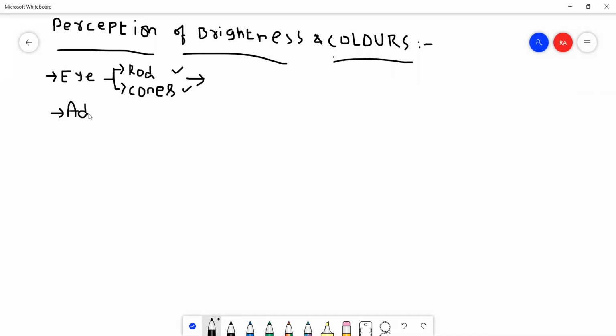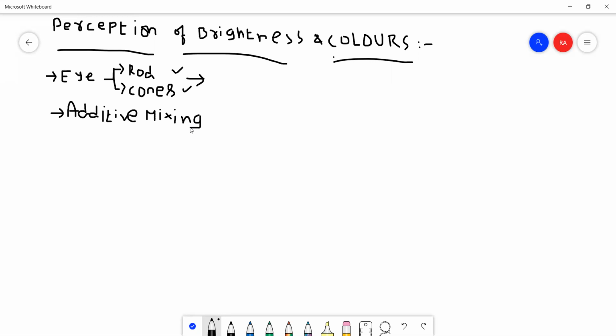So what is additive mixing? This process is known as additive mixing.